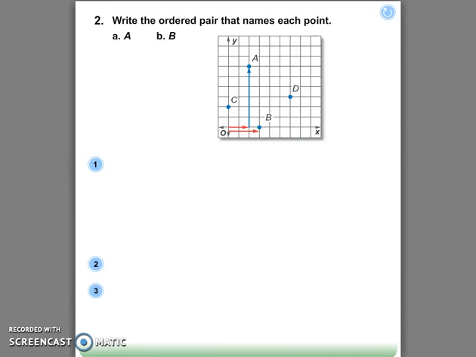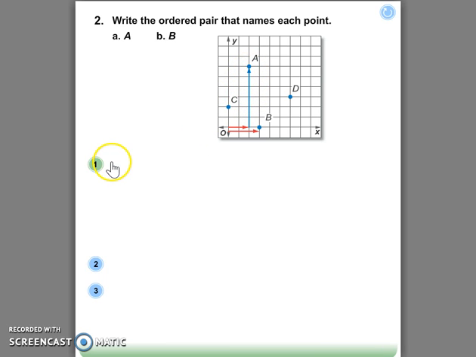So writing an ordered pair is just the opposite of what you did before. Instead of graphing it, it's already graphed and you need to say what it is. So if I wanted to write the ordered pair for A, I start at the origin. I go over to the second elevator, so 2 is my first number, and up 1, 2, 3, 4, 5, 6, 7.